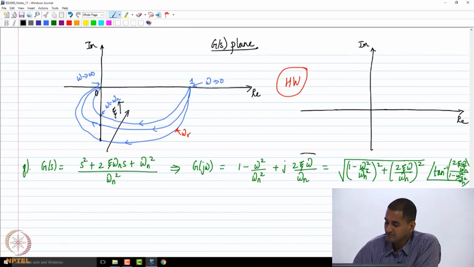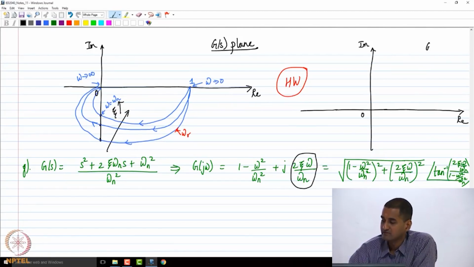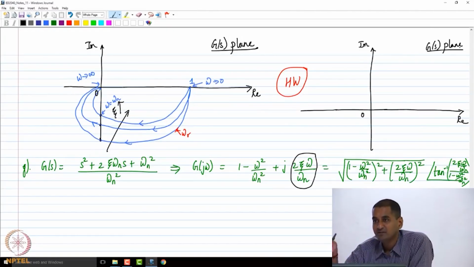The imaginary part is plus 2 zeta omega by omega n, so it's always going to be non-negative. What can you say about the real part? It is first positive, then becomes 0 at omega n, then becomes negative. You can see that the real part monotonically becomes more and more negative after that, and the imaginary part becomes more and more positive.